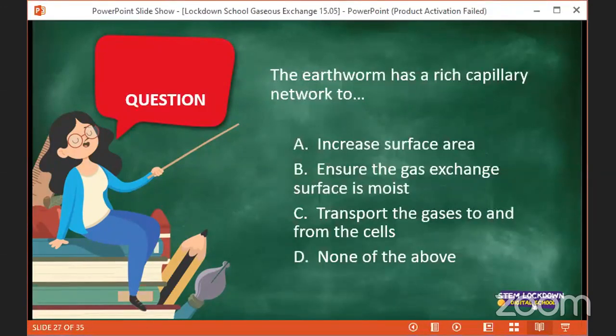Right, I have a question. The earthworm has a rich capillary network to A, increase surface area, B, ensure the gas exchange surface is moist, C, transport gases to and from the cells, or D, none of the above.